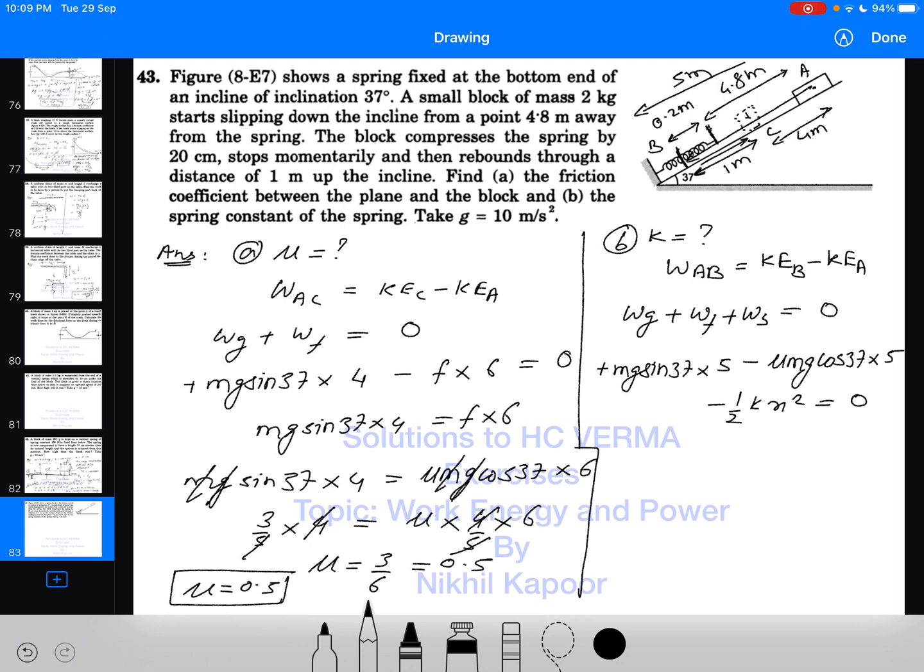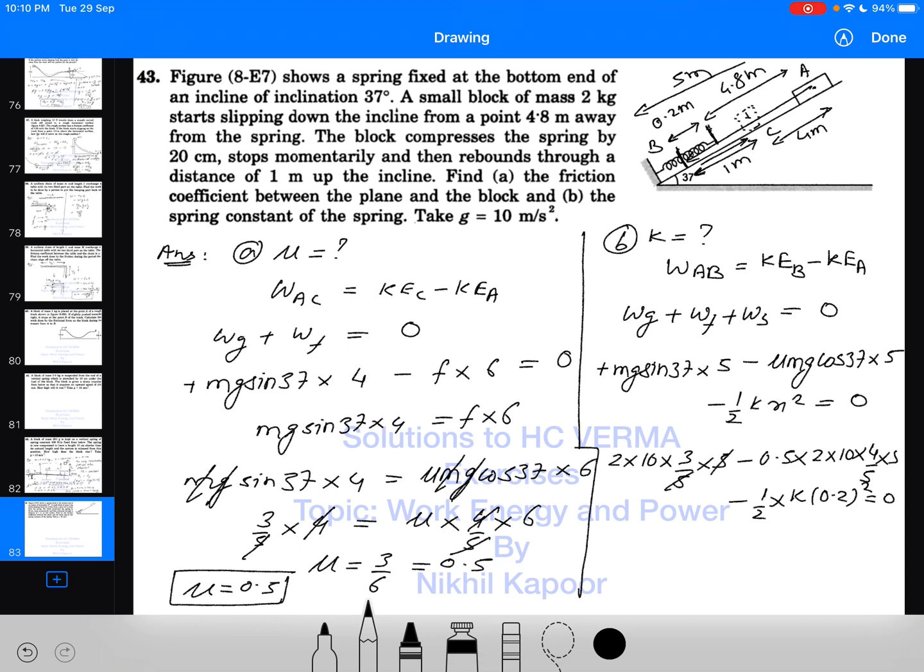So the value of m is 2 kg and the value of g is 10. Sin 37 is 3 by 5 into 5, minus, as mu is known to us, 0.5 into mg, so again 2 into 10, cos 37 is 4 by 5, into 5, minus half k into x square, so that would be 0.2 square, equal to 0.